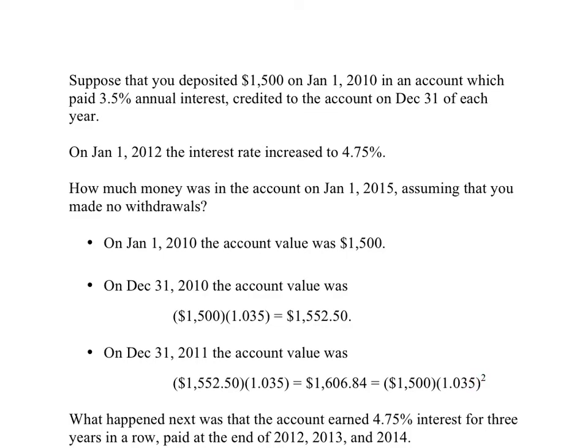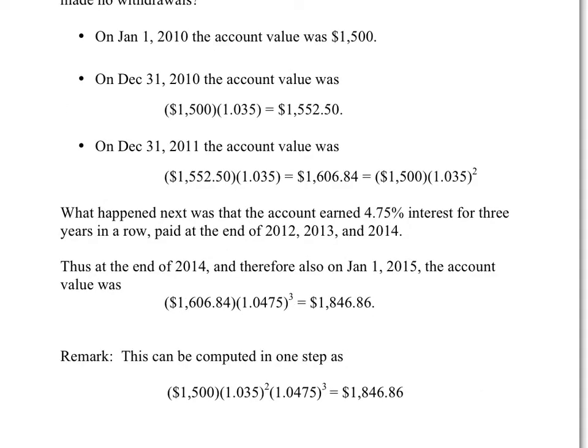We continue to consider the effect of interest payments, but now the interest rate is increasing for the remaining years. So you take that $1,606.84 and leave it in the bank for 3 years. We're counting now from the end of 2011 until the end of 2014.